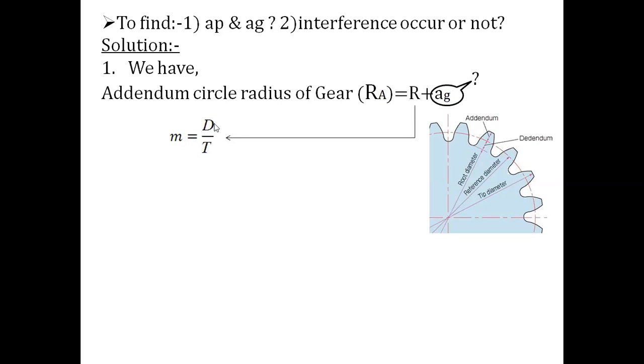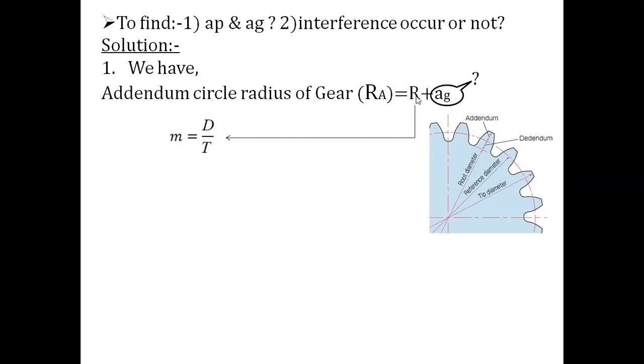Module is equal to the ratio of D by T for gear, capital D by capital T. So from this formula we can find R. What is the value of RA? RA is the addendum circle radius for gear, which is not given. So this is unknown, and we have to find it out. Two unknowns are there, so we can't find the value of AG here.